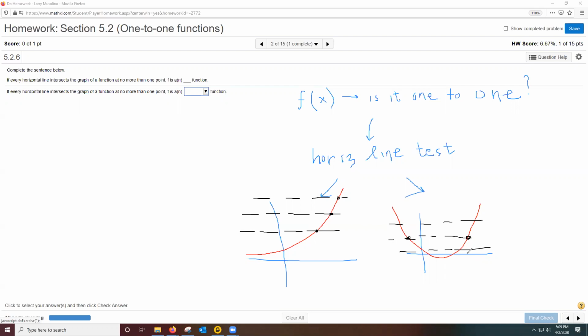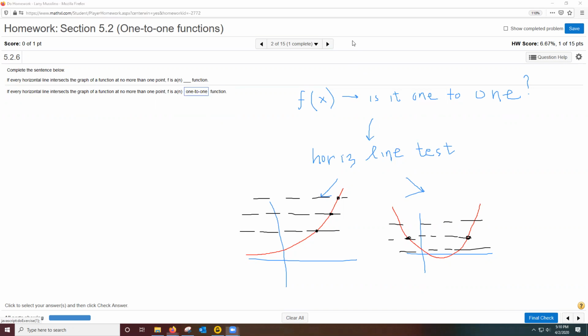So the rule is, if every horizontal line intersects the graph at no more than 1 point, then we call that a one-to-one function. So to answer the question, is it one-to-one, you could perform this horizontal line test. If a horizontal line intersects the graph at more than 1 point, then it's not one-to-one.